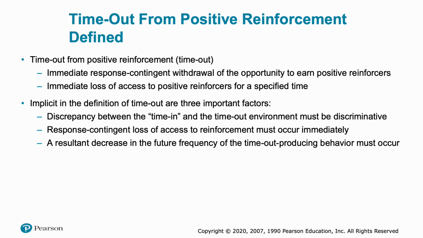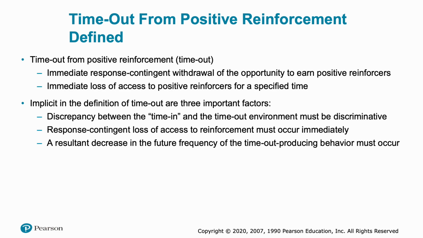This is the same for any other punishment procedure or any other reinforcement procedure that you are going to implement. You need to consider the temporal relation within which you are presenting that reinforcer in relation to that behavior. So the behavior occurs, you immediately want to present the punisher, or in this case, we're removing the access to positive reinforcement.